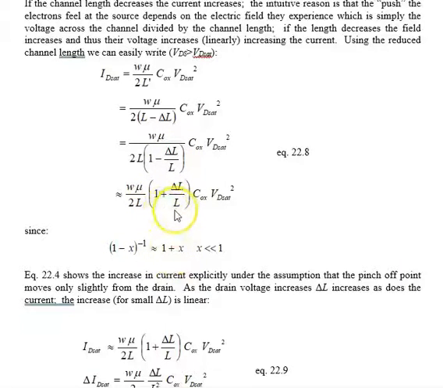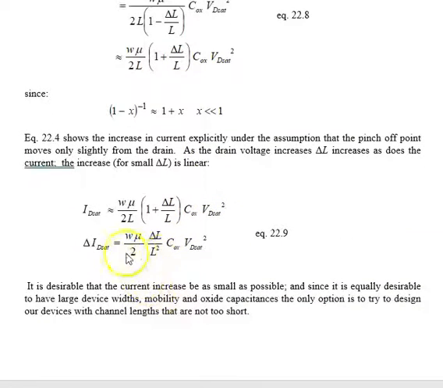And that's all we're saying here. And as delta L grows, what happens to IDS? It grows. And that is exactly why we have the slope. And that's seen right here in equation 22.9.